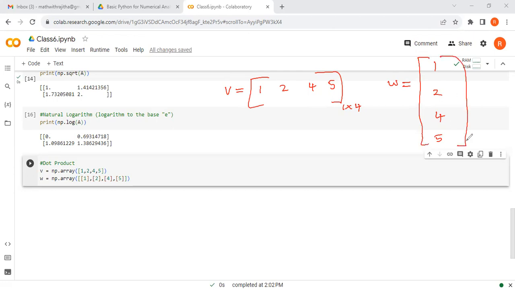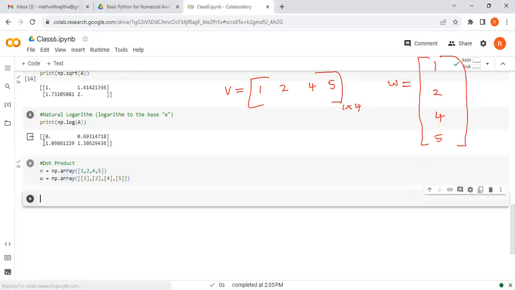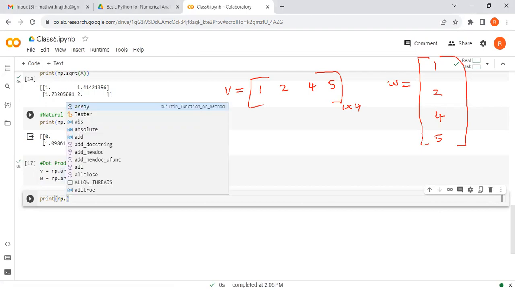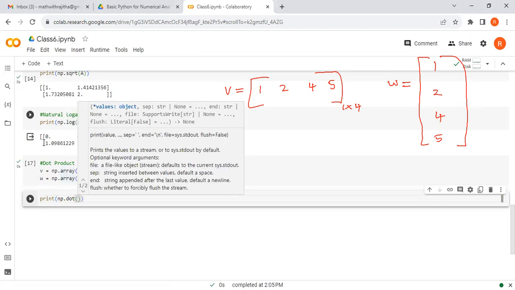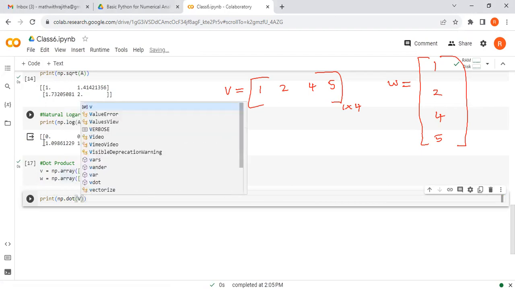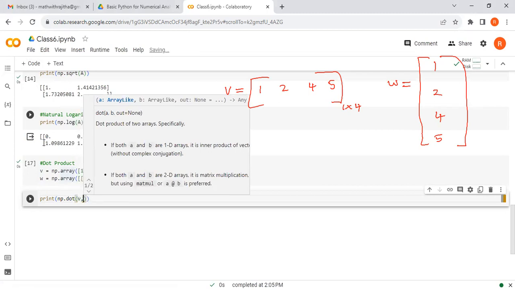Now I want to get the dot product between V and W. Print np.dot between v comma w.